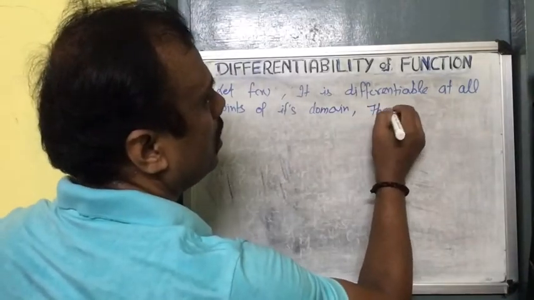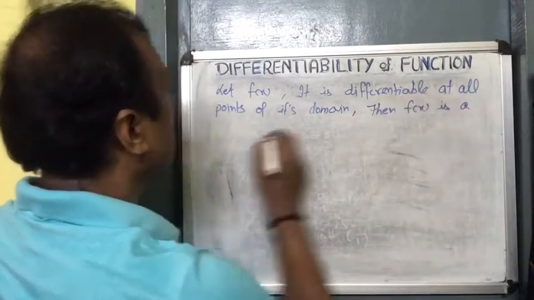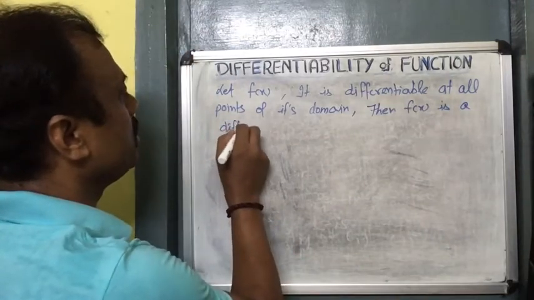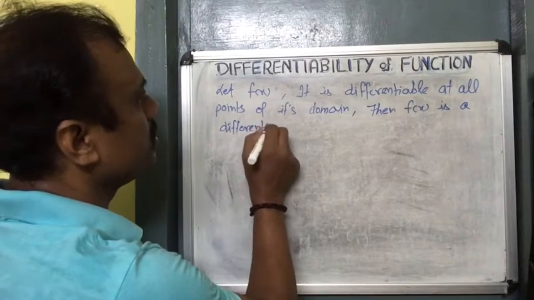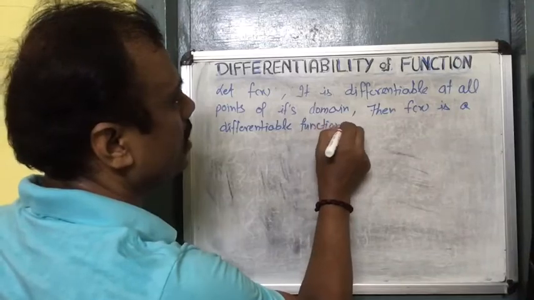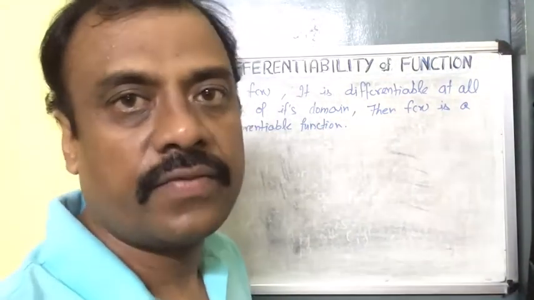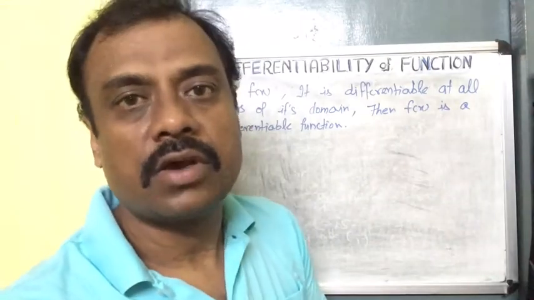Then f(x) is a differentiable function. Differentiable function means we can find the derivative, or d/dx of f.